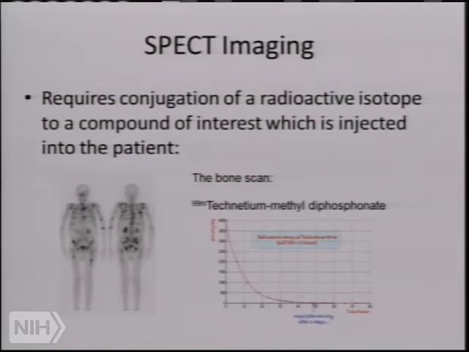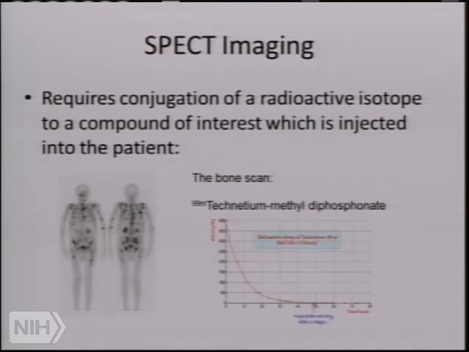So let's just take an example of one SPECT imaging agent. How does it work? And probably the most common is the bone scan. So in order to do this, you take a radioactive isotope, in this case technetium-99, and chemically bind it to methyl diphosphonate, which will bind calcium apatite in the bones.